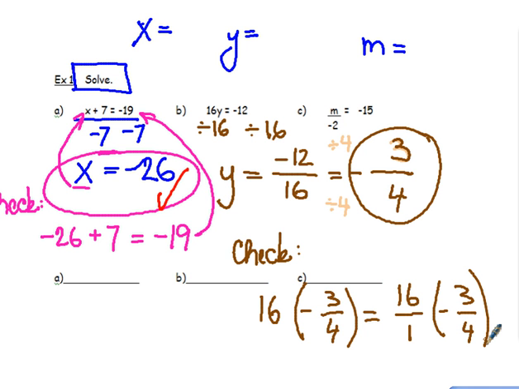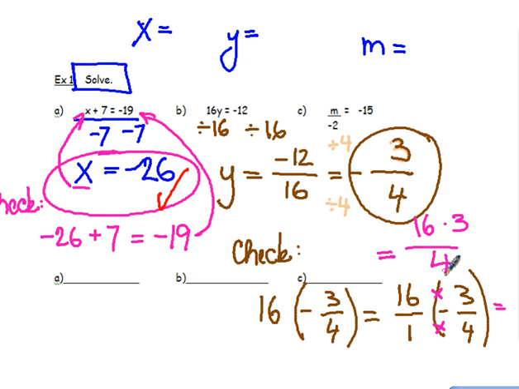When we are multiplying two fractions, we will multiply the numerators and multiply the denominators. I'll have to write it up here. I hope that will still make sense. Okay, so it's going to be 16 times 3 over 4.